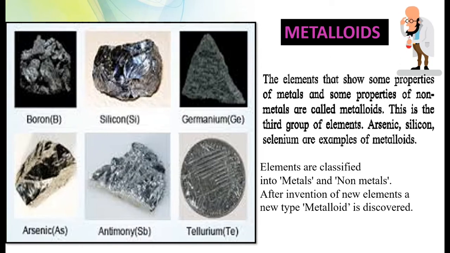This is the third group of elements. Okay, so I hope this is another type of element that you need to know. Apart from metals and non-metals, metalloid is another important thing that you should know, which comes under types of elements. So types of elements में तीन types हम लोग ने पढ़े हैं, metals, non-metals और metalloids. We will be learning about them in detail in our next coming chapter, that is metals and non-metals.